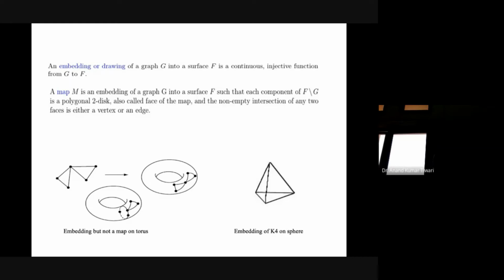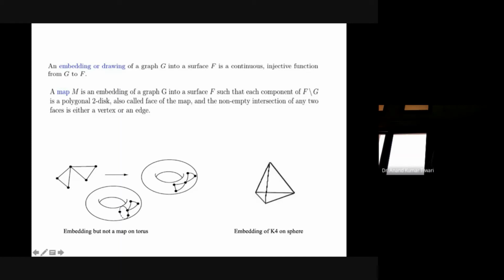A map is nothing but an embedding or drawing of a graph G into a surface F such that each component of F minus G is a polygonal 2-disk, and the non-empty intersection of any two faces is either a vertex or an edge. On the left side of the figure, we have a graph embedded in a torus.